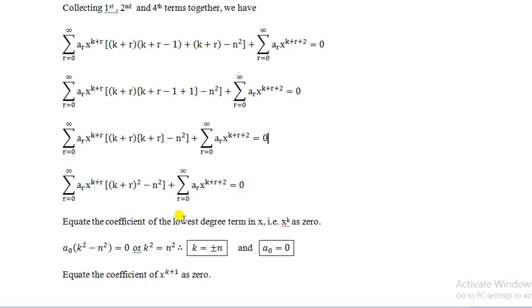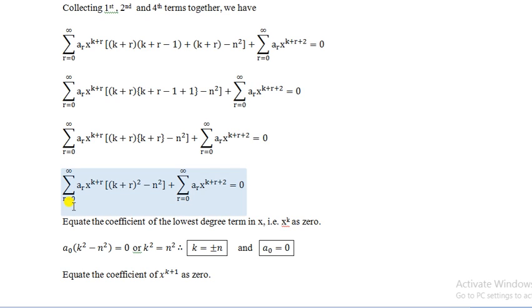Now we will equate the coefficient of the lowest degree term in x. Here we substitute r values from 0 up to infinity. If r equals 0, 1, 2 and so on, we choose the coefficient of x as 0.